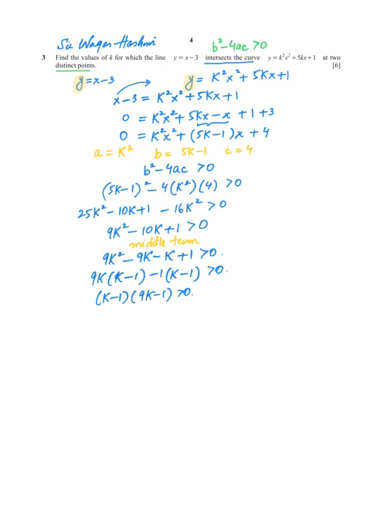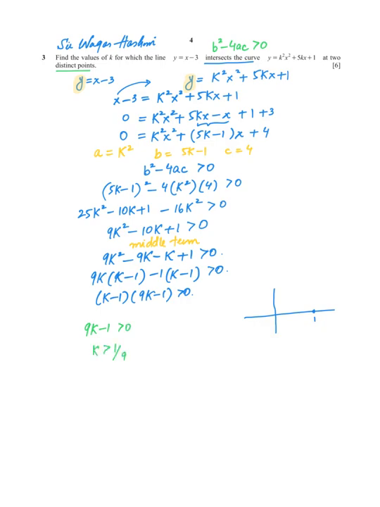Right? Now we need to find out the values of k. Roughly, if I sketch the curve, that is roughly only for the values of k. If you shift, k minus 1 greater than 0 implies k is 1. The first value of k is 1, right? And if you consider 9k minus 1 greater than 0, basically k is greater than 1 upon 9.